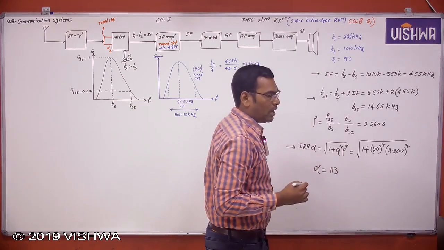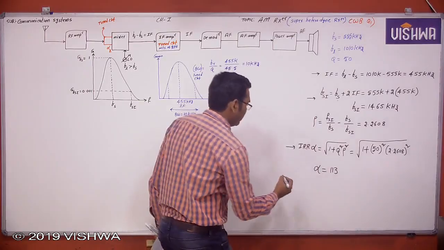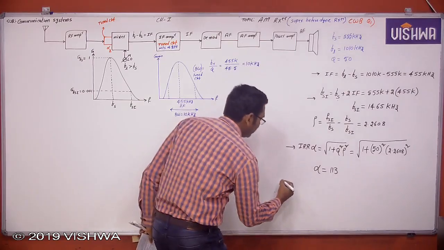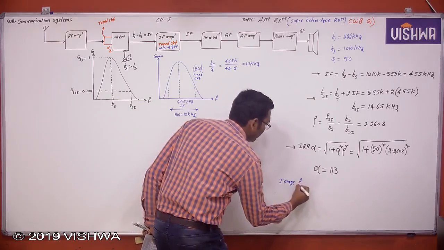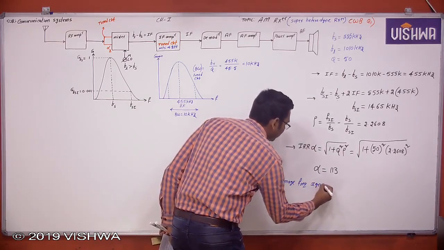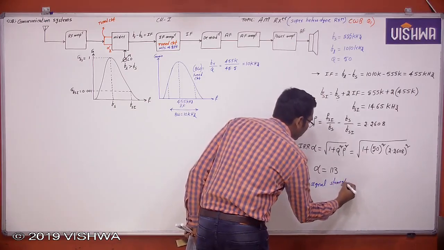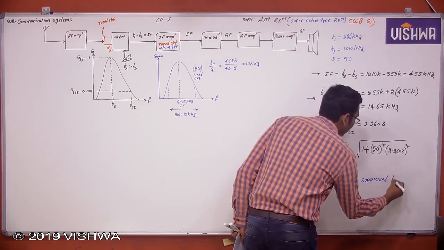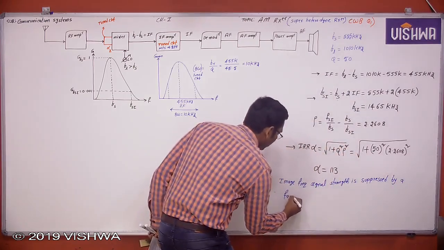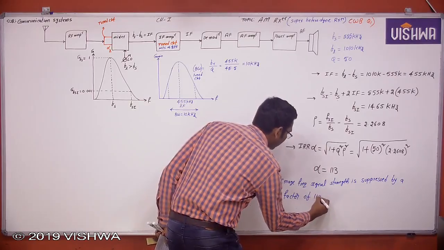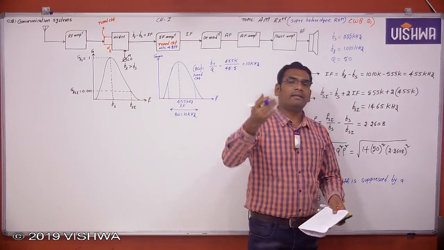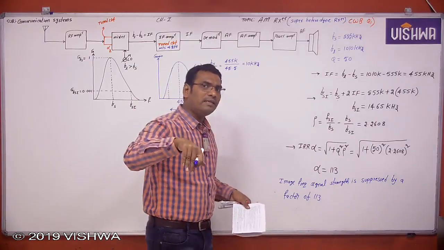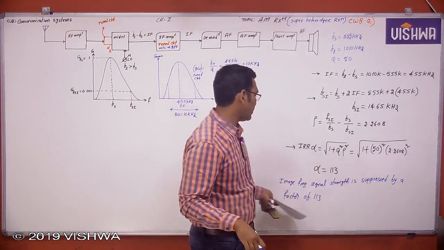113 means what? The image rejection ratio is 113, which means the image frequency signal strength is suppressed by a factor of 113.